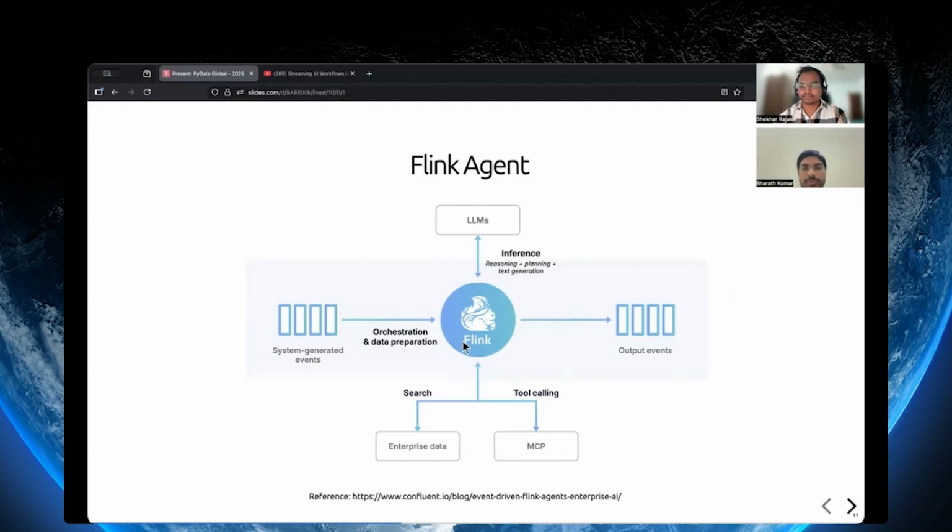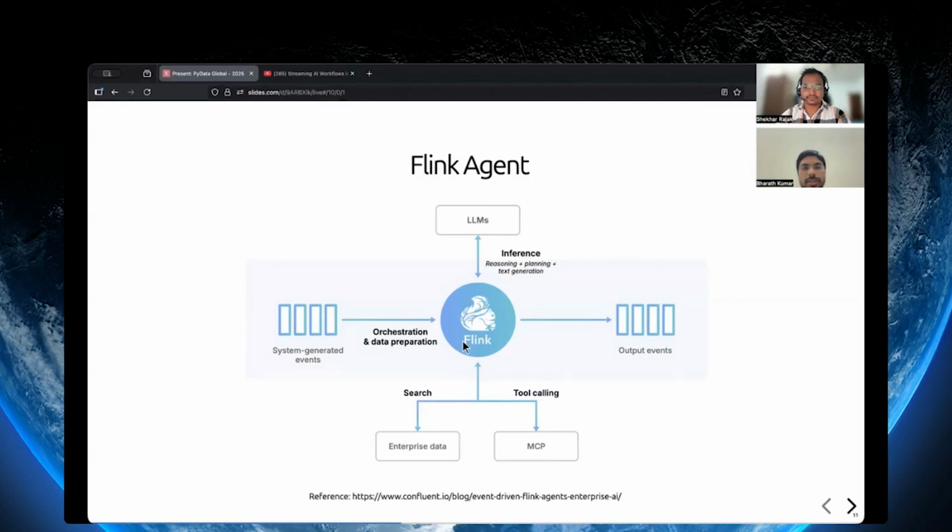Most enterprise AI today is still request and response. You ask, it answers, it forgets, as said earlier. Though we have the context, that works only for a chat. But whenever it is in real time, it is not so feasible, or it is not event-driven. So that's where these real-time Flink agents help.